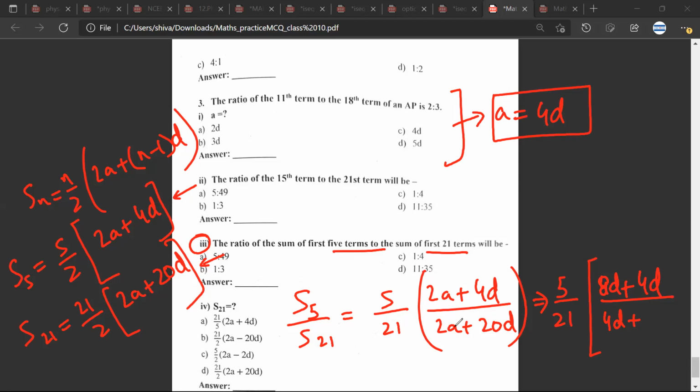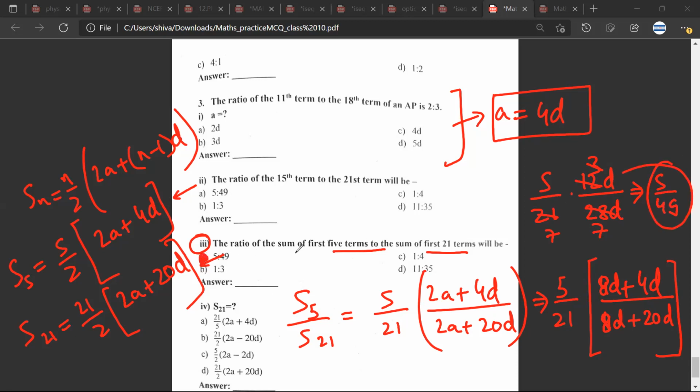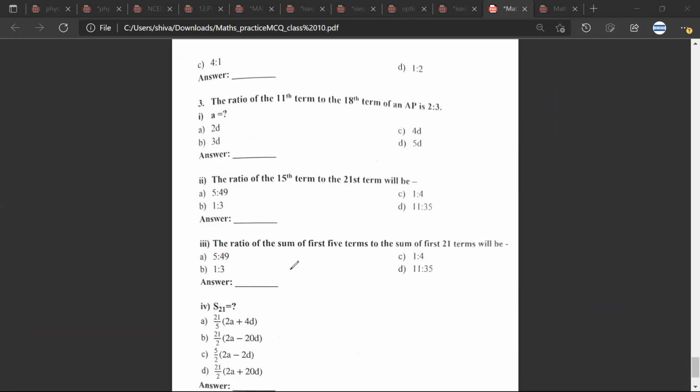Yes. And twice of a would be 8d. So this would be 20d. So 5 upon 21, this would be 12d upon 28d, and so the answer would be 5 upon 49. So A is the correct answer. Am I correct? Yes. Great.